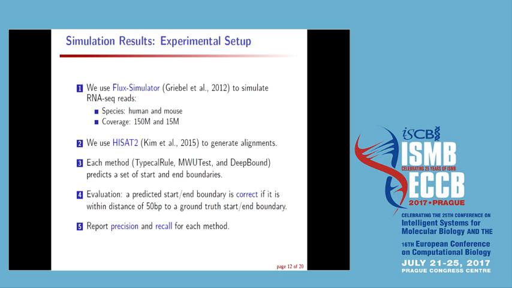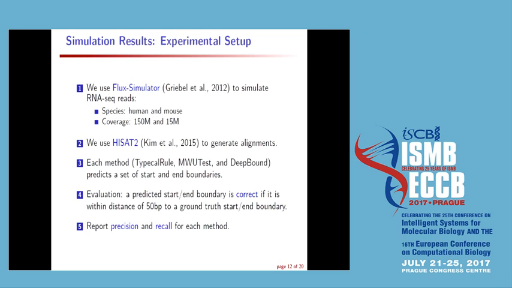We then use both simulation datasets and biological datasets to compare our method with 2 other methods. For simulation, we use Flux Simulator to simulate RNA-seq, and we try 2 species, human and mouse, and 2 different coverages, 150 million reads and 15 million reads. Given the simulated RNA-seq, we use HISAT2 to align the reads to the reference genome, which gives us the reads alignment.